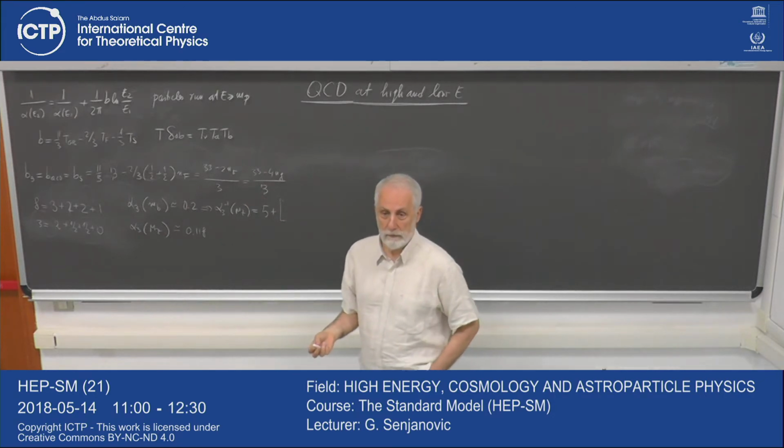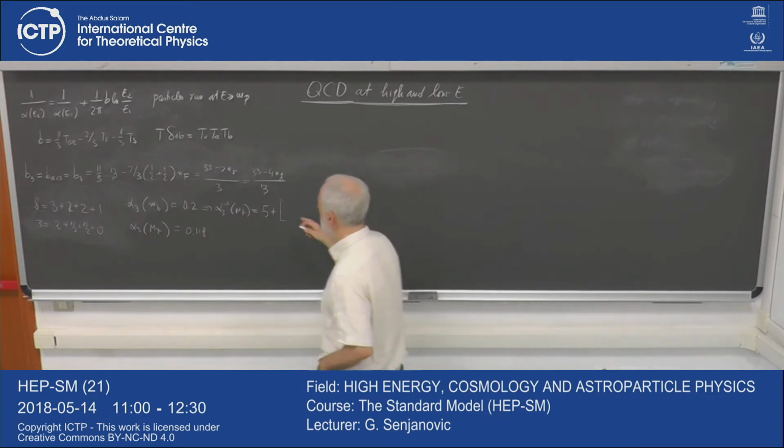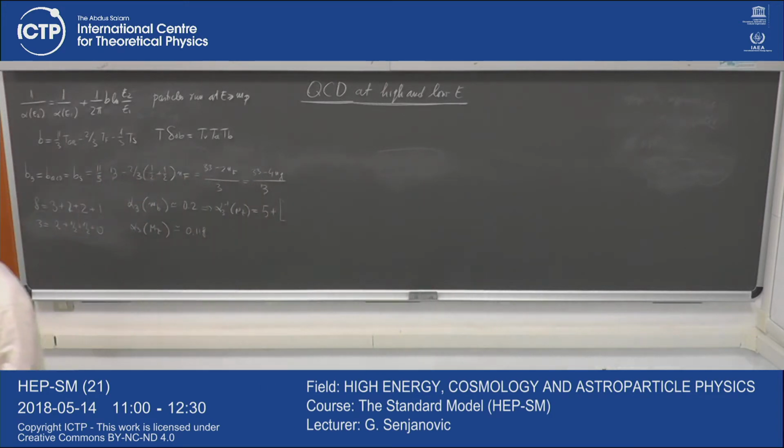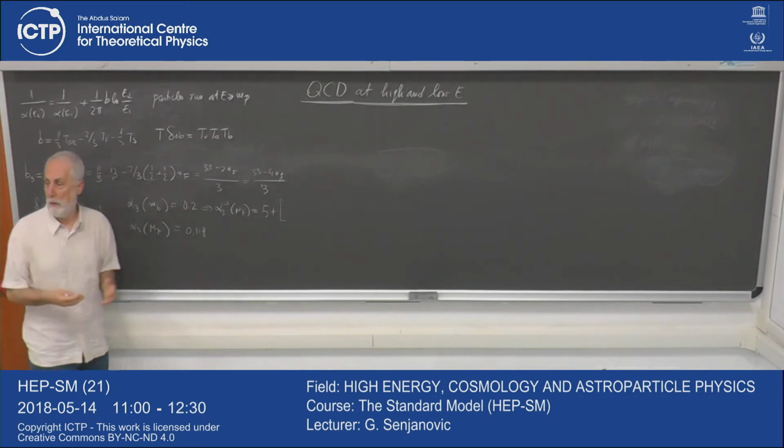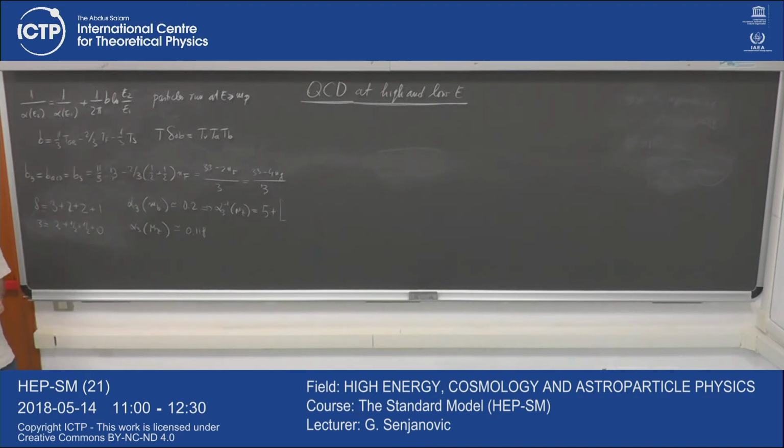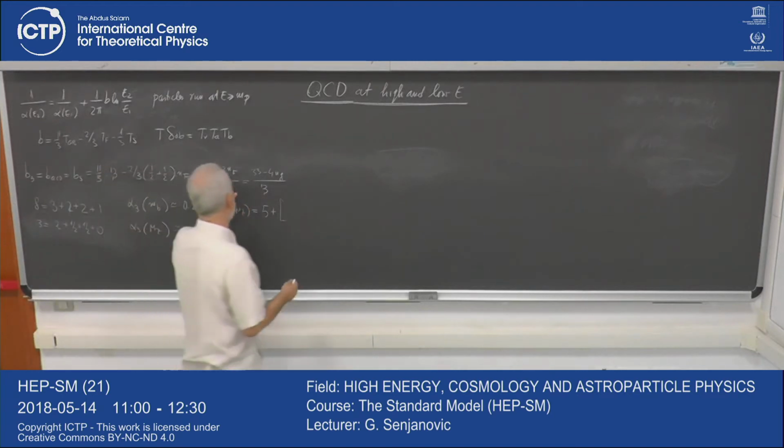Or who doesn't? Well, top quark doesn't run, we said. The rule of thumb is you don't run at energies below your mass. You sort of decouple. So how many flavors am I going to have?